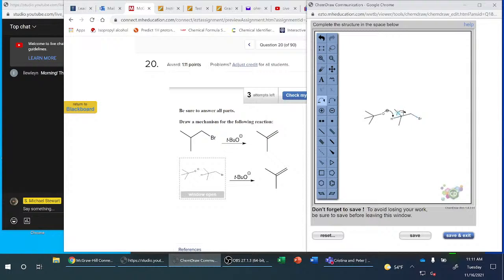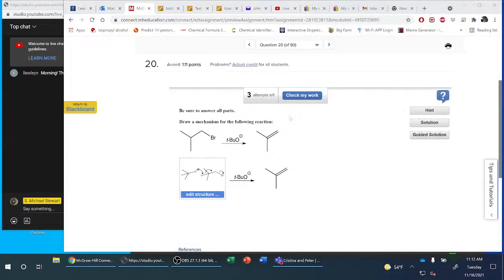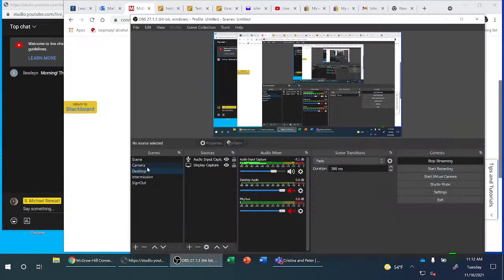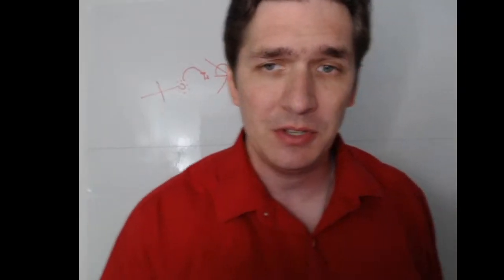So basically just rotate the bond over, and then we're going to break the bromine-carbon bond. And it thinks I did a great job. So yeah, usually the issues I see with those are more just that it's finicky about where it wants you to put the arrows.